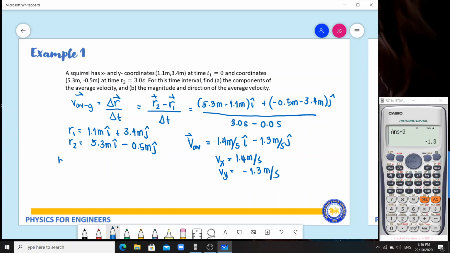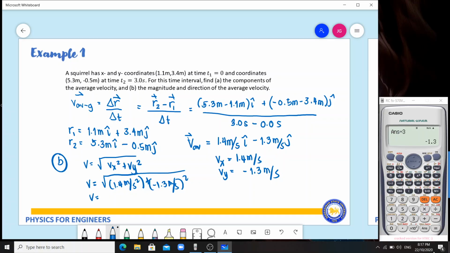So sa letter B naman, okay, the magnitude and direction of the velocity. So how do we get the magnitude? Of course, that is the square root of vx squared plus vy squared. Ayan. So v is equivalent to the square root of 1.4 meter per second squared plus negative 1.3 meter per second squared.